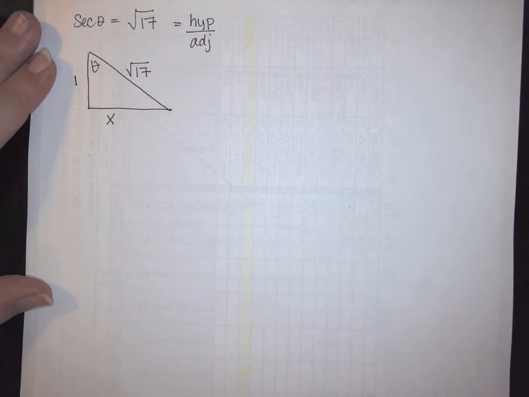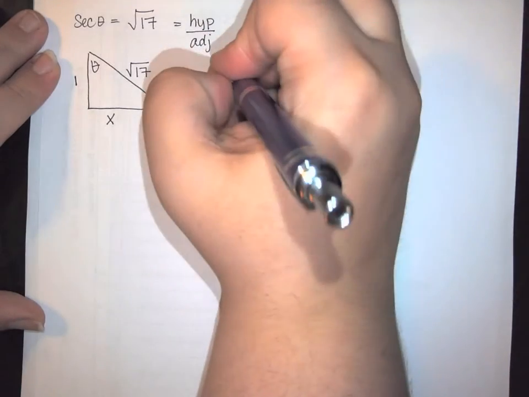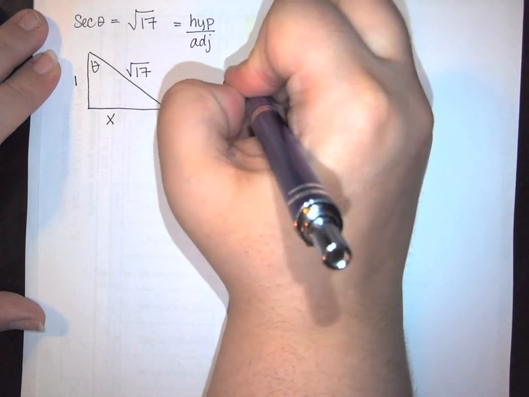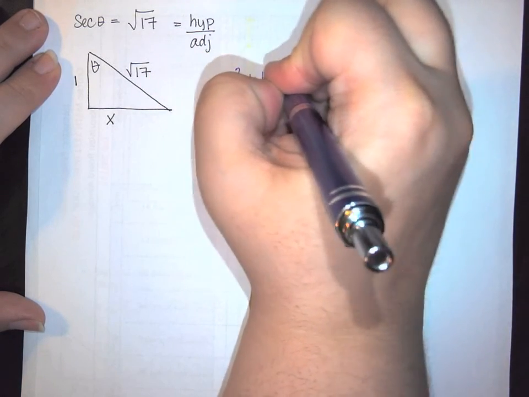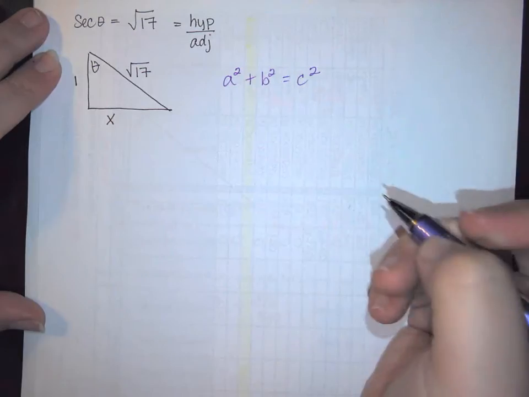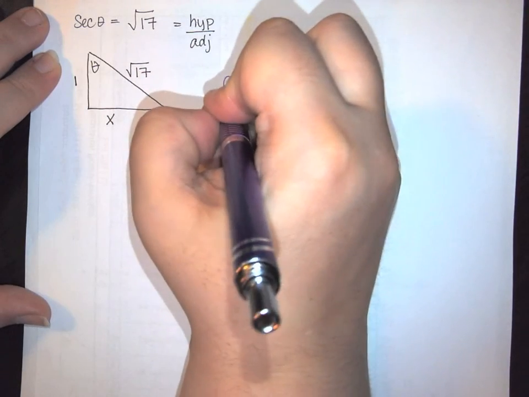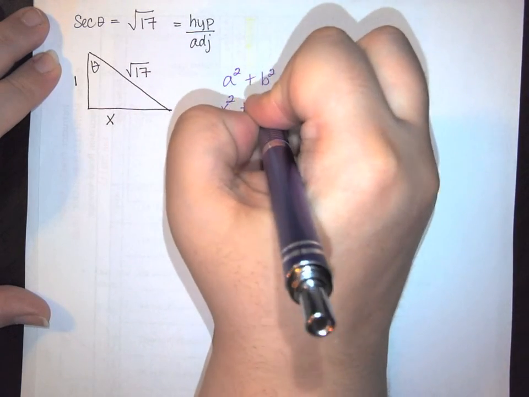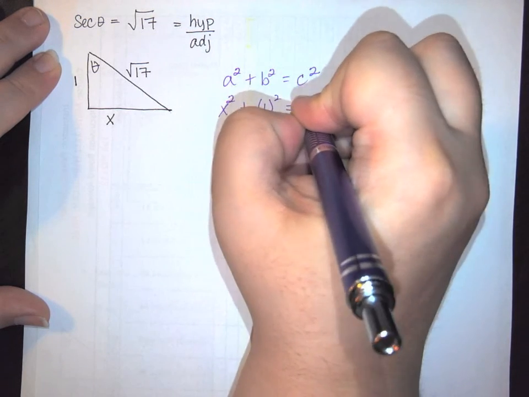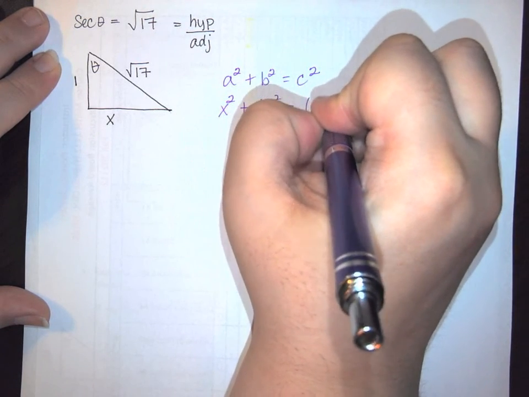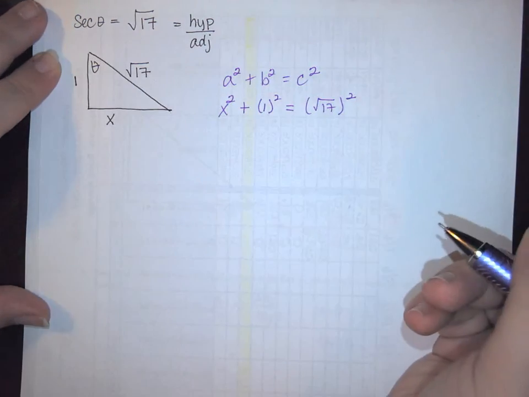In order to solve for it in this case, again, remember we're going to use that a squared plus b squared gives you c squared. So here I have x squared plus 1 squared is equal to the square root of 17 squared.